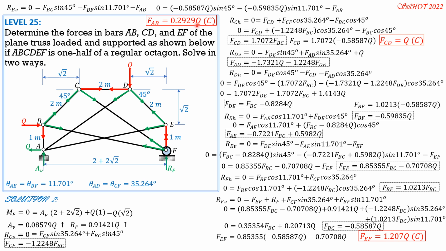So that's why FAB is 0.2929 Q compression, which is the same as the first solution. So that's it. It's very lengthy because the problems are challenging, and there are two problems here where we present, which I present two solutions.